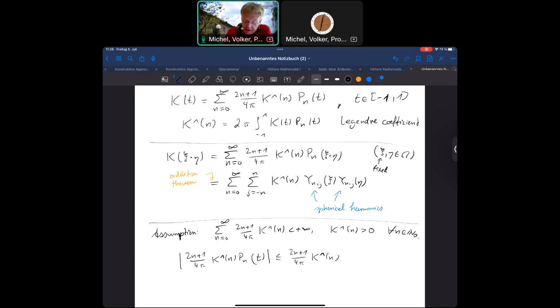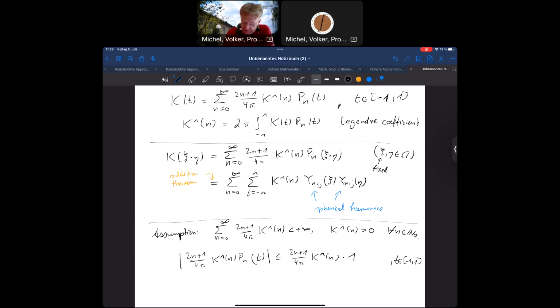Now, what I would need would be the absolute value of the Legendre polynomial, but again, in the literature there's a lot of information that you can find about the Legendre polynomials. And what you will find out, if t is, as we always have it here, between -1 and 1, is that you can estimate the Legendre polynomial by 1, the value at the right end of the interval.